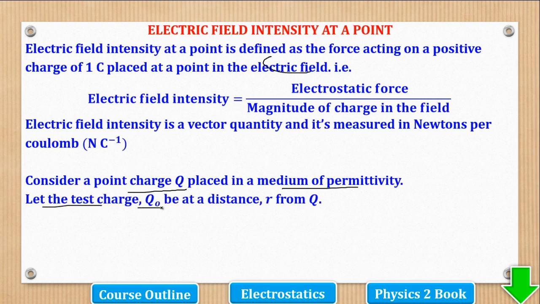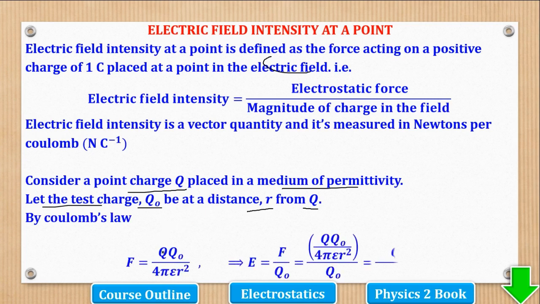Let the test charge Q naught be at a distance r from the charge Q. By Coulomb's law, the force between these two charges will be given by Q Q naught over 4 pi epsilon r squared. We're not putting epsilon naught because they didn't specify that the permittivity is free space. So you just put epsilon. And that is also why we are not using K.